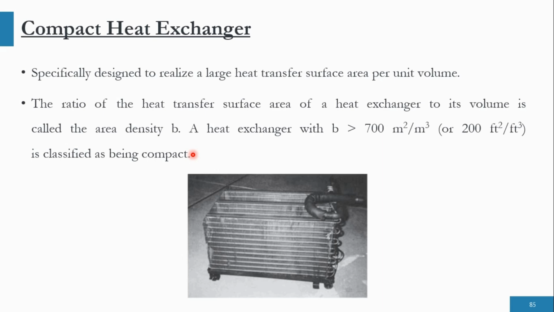If the value of beta, which is the ratio of heat transfer surface area of an exchanger to its volume, is greater than 700 square meter per cubic meter or 200 square feet per cubic feet, this is the major definition of a compact heat exchanger.